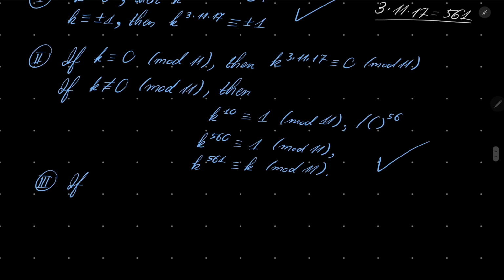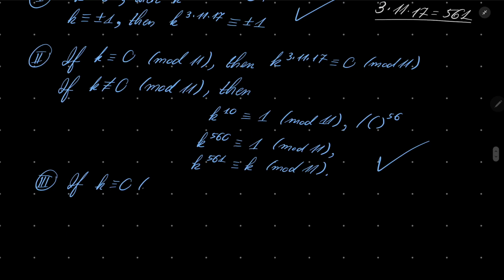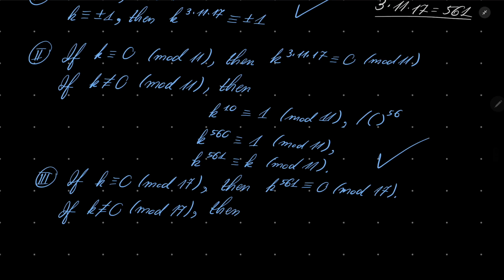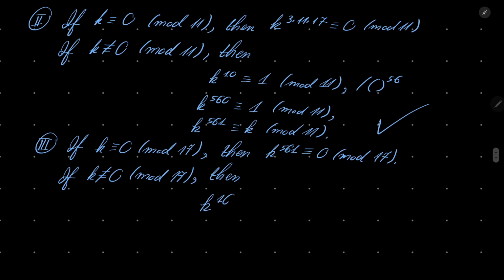And now, third and last, modulo 17. If k is congruent to 0 modulo 17, then obviously k to the power of 561 is congruent to 0 modulo 17. No problem there. And if it isn't, then again, by Fermat's little theorem, k to the power 16 is congruent to 1 modulo 17.